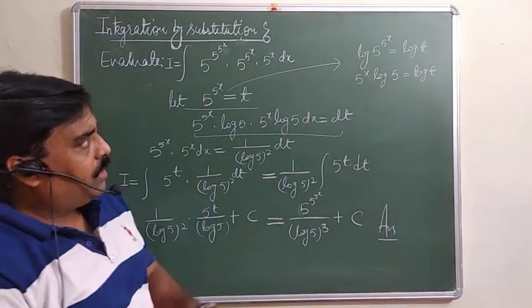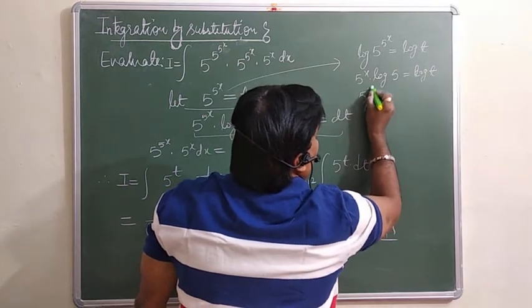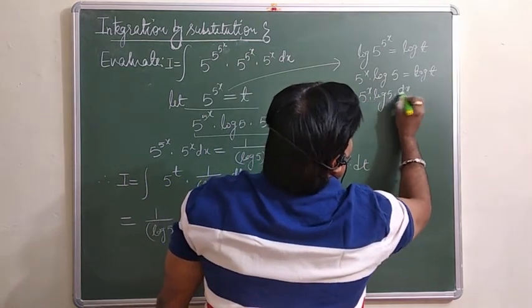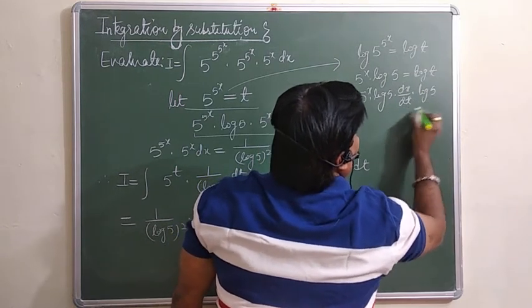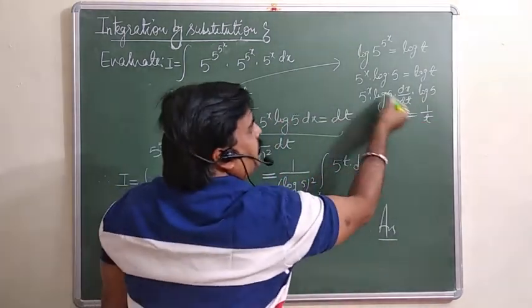Now you can differentiate with respect to t. So this is 5 raised to power x, 5 raised to power x into log 5 into dx over dt. The derivative of 5 raised to power x gives 5 raised to power x into log 5, and log 5 will remain as it is, equal to derivative of log t, which is 1 over t. So this t will come here.